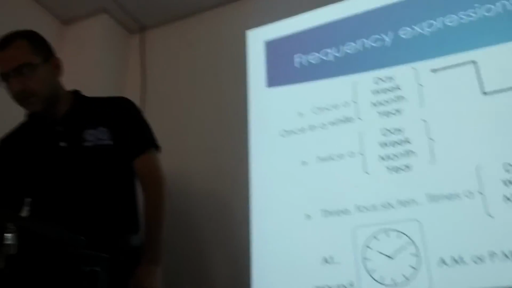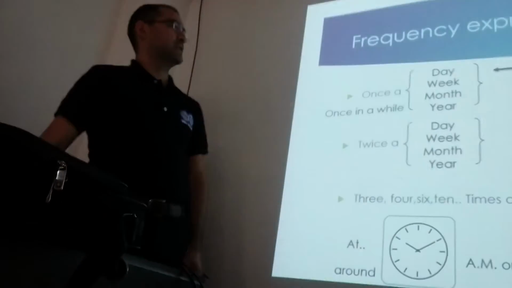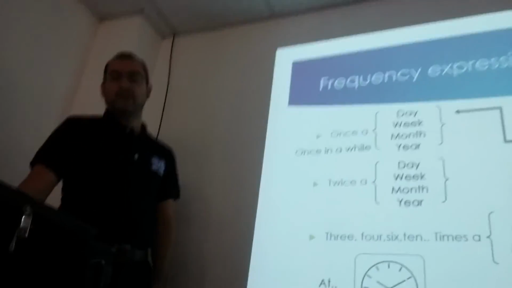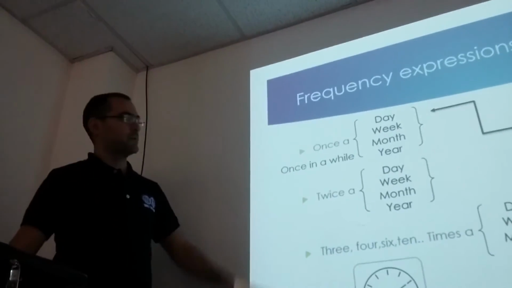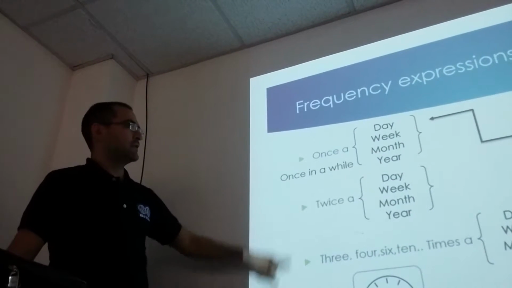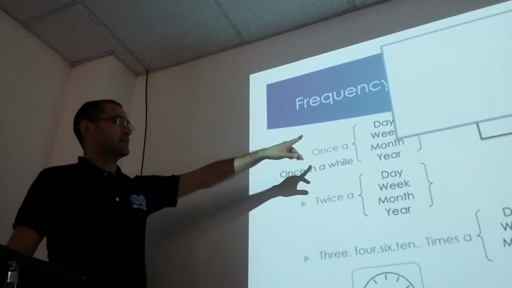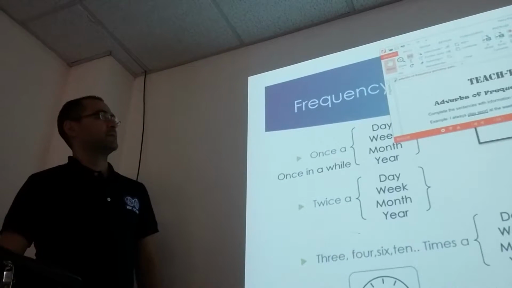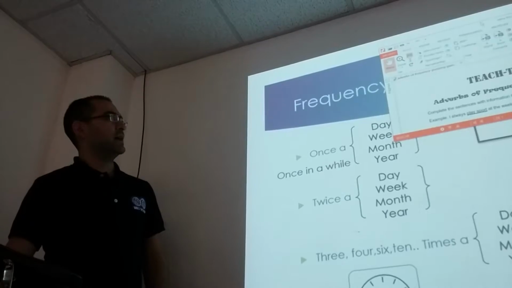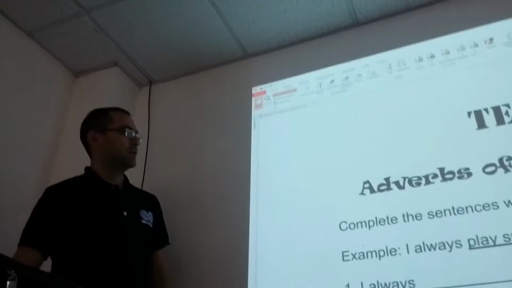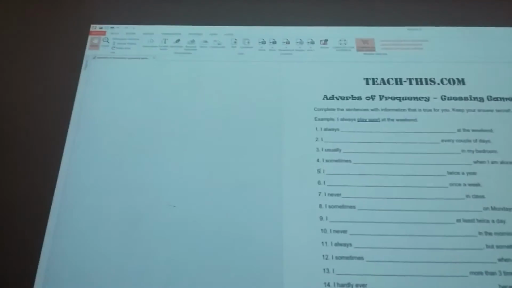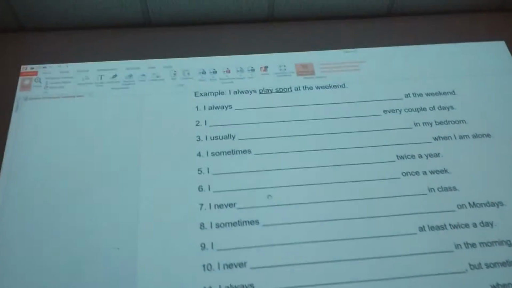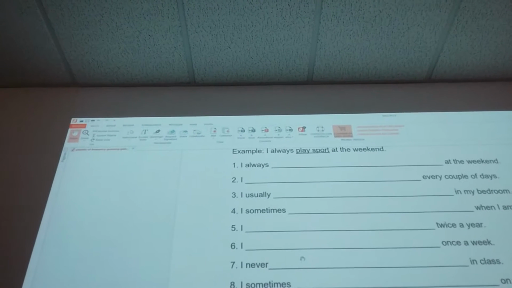Okay, so look, I am going to show you the difference. There is a difference between frequency expressions and frequency adverbs, right? So what's the difference? Remember, these are frequency expressions. For example, once. You can say once a day, once a week, once in a while, once in a blue moon, right? Now, and we have frequency adverbs. In these examples, what is missing?